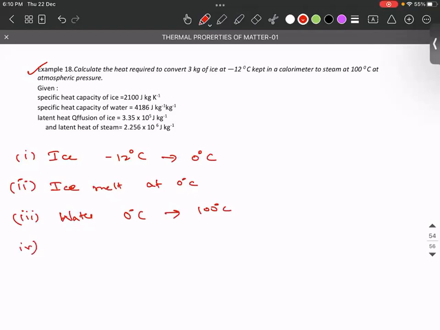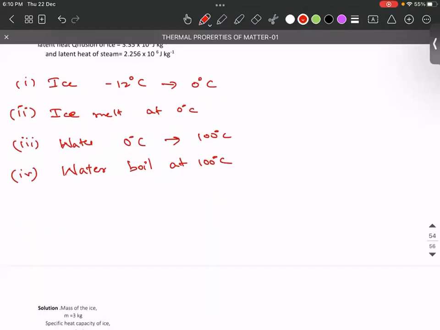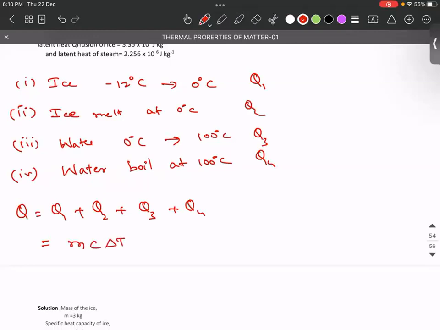And fourth step is make the water boil at 100 degrees Celsius. So these are the 4 steps for which the heat you are supplying is going to get utilized. I'll call the heat here Q1, Q2, Q3, and Q4. So Q is equal to Q1 plus Q2 plus Q3 plus Q4. What is the value of Q1? It is M into C into delta T.